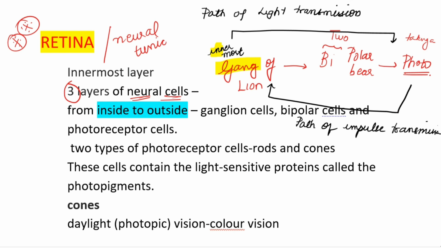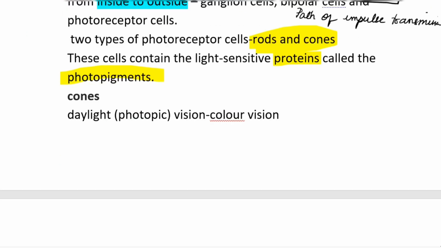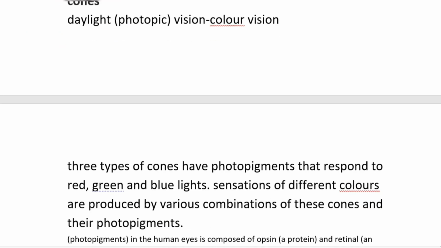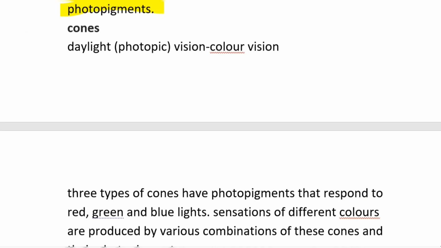The photoreceptor cells are of two types: rod cells and cone cells. The photoreceptor cells have light sensitive proteins called photopigments. First, let's talk about the cone cells, which are responsible for color vision, daylight or photopic vision.